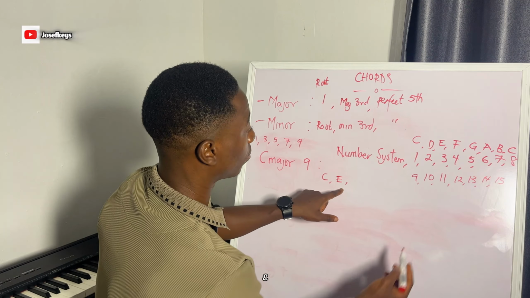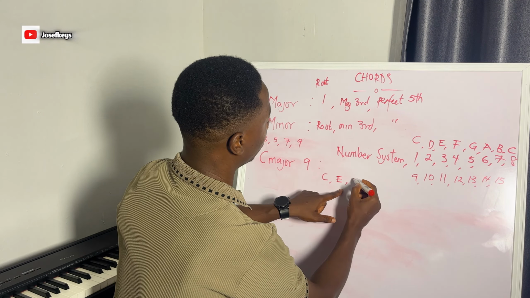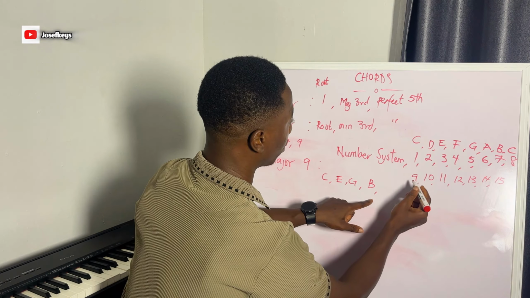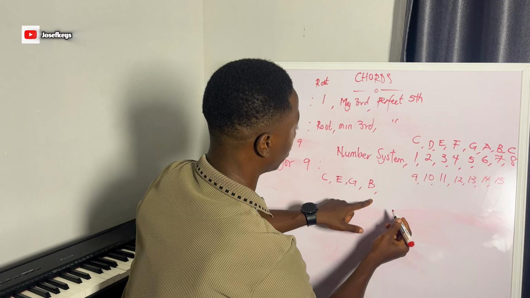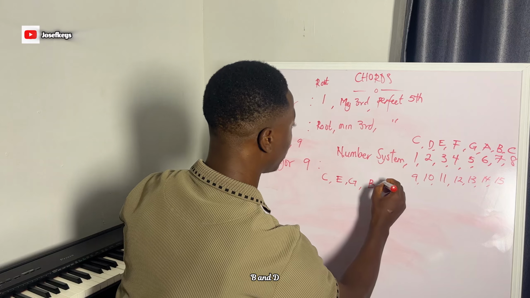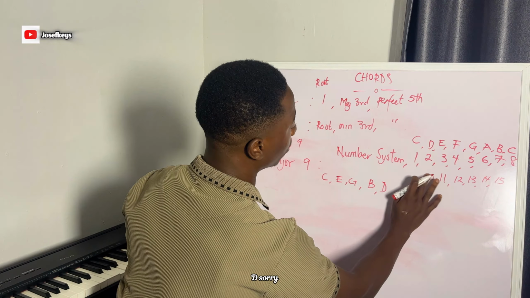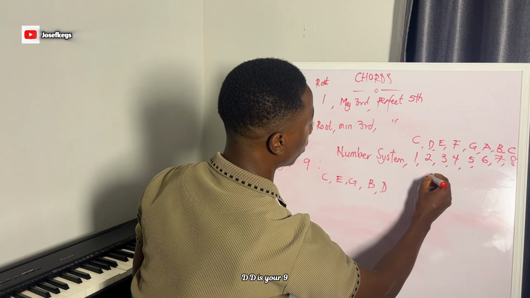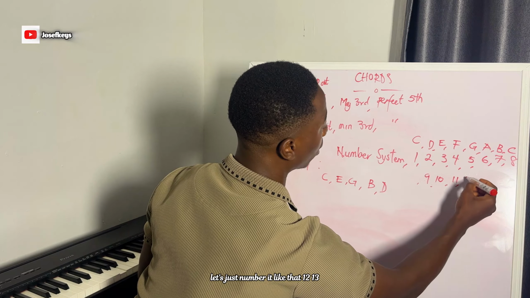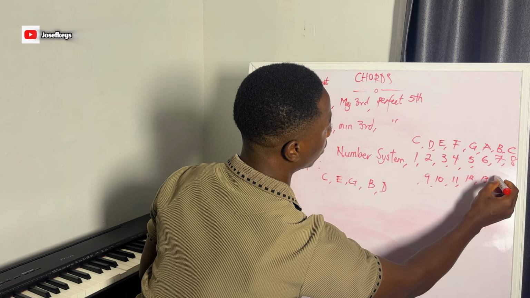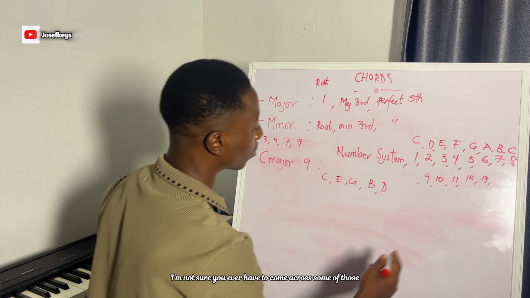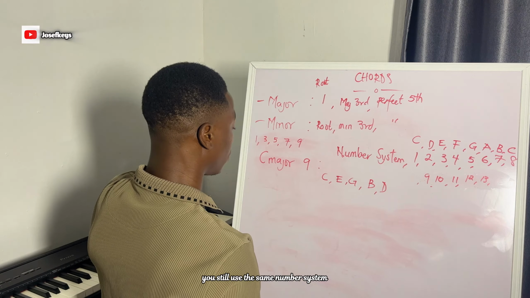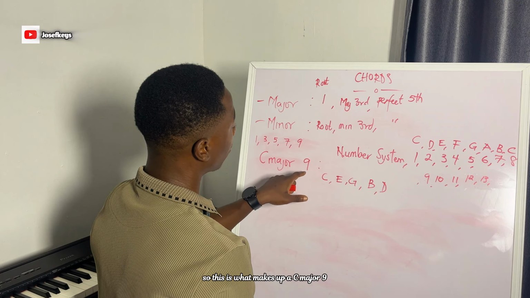So C, E, G, B, and D. D is your 9, 10, 11, 12, 13. I'm not sure you ever have to come across some of those. Or even if you come across them, you still use the same number system. So this is what makes up a C major 9.